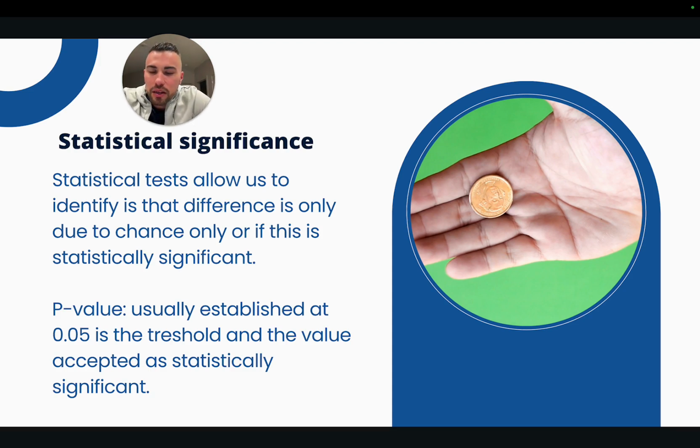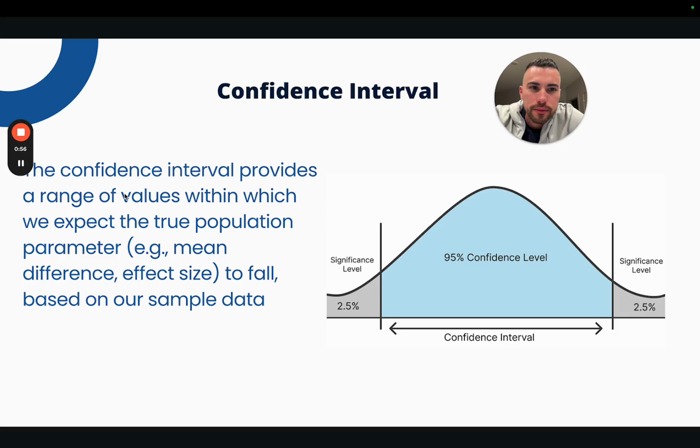The p-value is usually a threshold, a number that has been established to define if the results are due to chance only. The p-value is closely related to the confidence interval. In other words, the confidence interval provides a range of values within which we expect the true population value to fall based on our sample data.